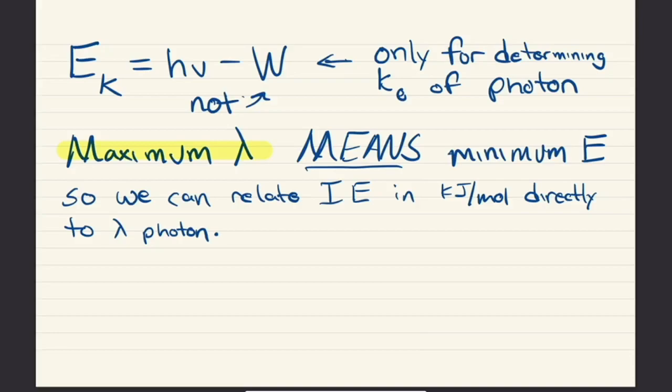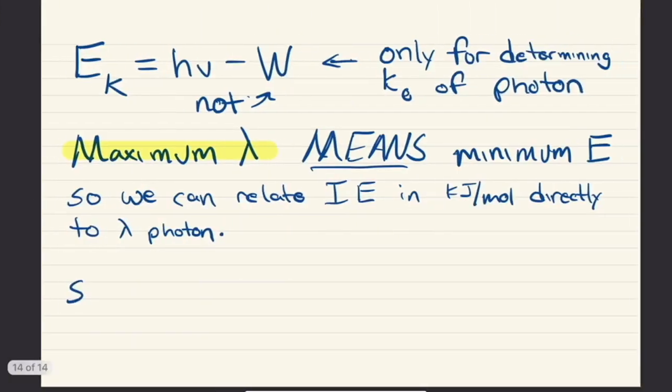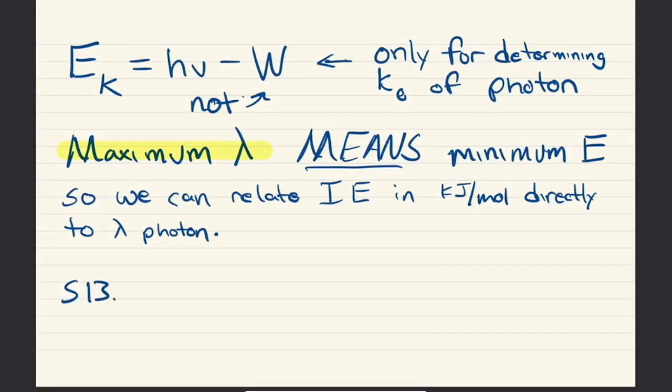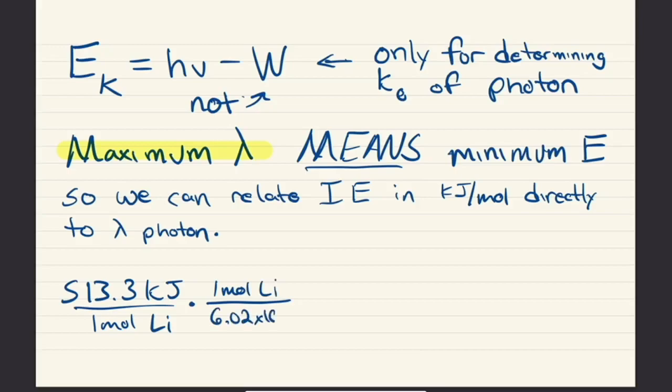So we would do that by converting 513.3 kilojoules per 1 mole of lithium. We will convert that by dividing by Avogadro's number.